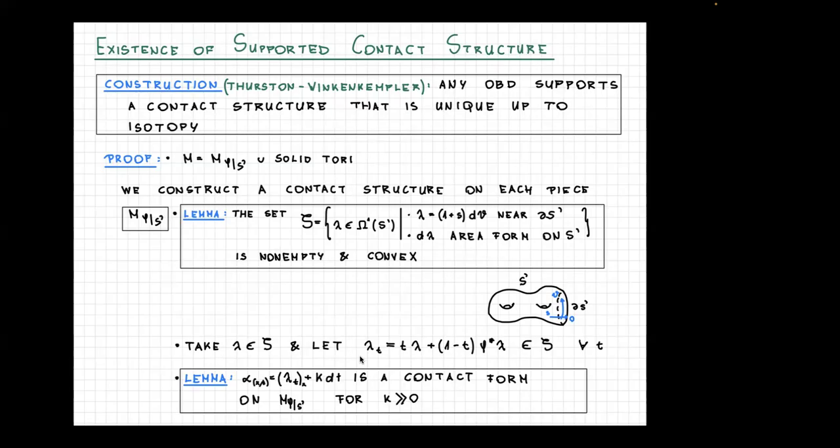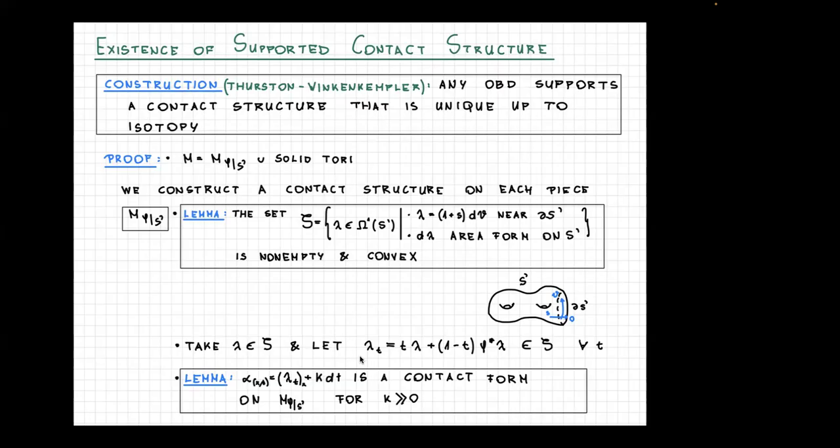You take an area form on the page which has a standard form near the binding. It looks like 1 plus S d theta, and you show that these area forms exist. The set of such area forms is convex.